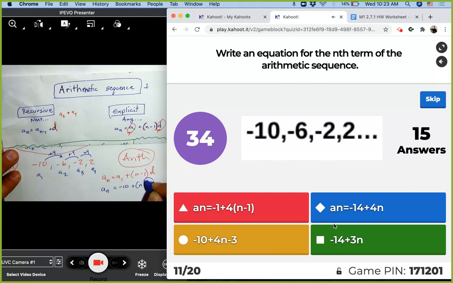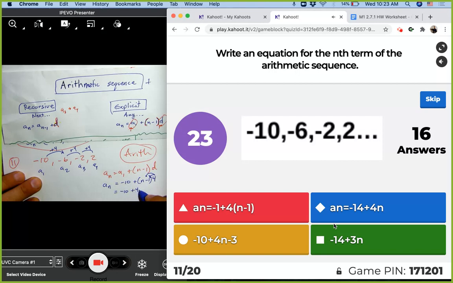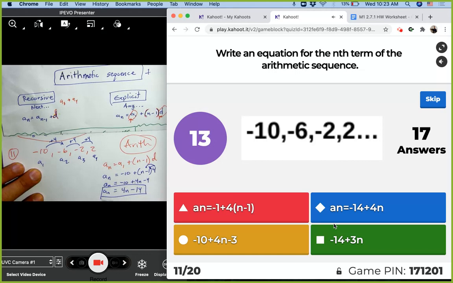Now, if I distribute it and simplify it, I'm done. And there it is.